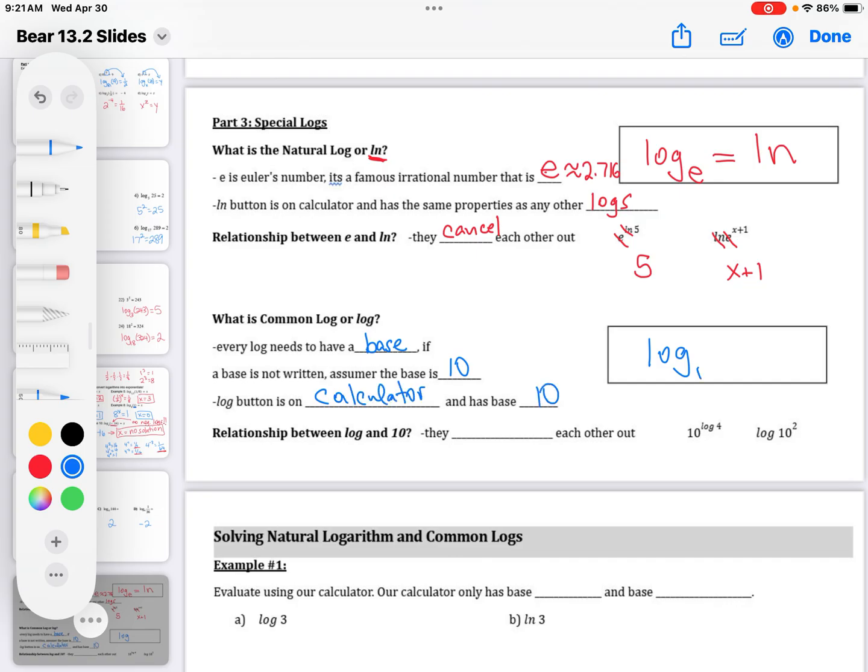When you see log base 10 on your calculator, it's just going to be the log button. It will not have a number with it. It's just understood to be a 10. The relationship between log and 10 is they cancel each other out. So 10 to the log 4 is just 4, and log 10 squared is just 2.